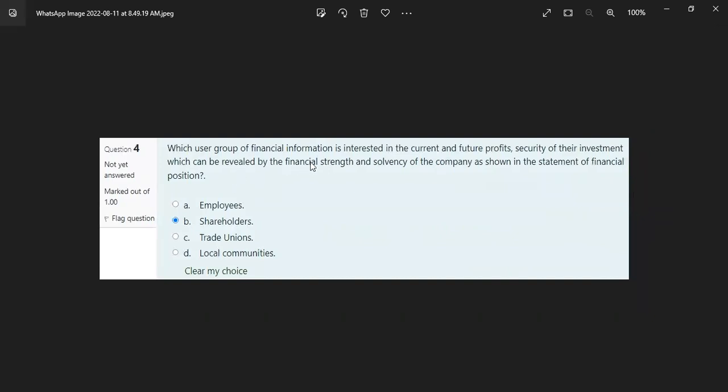So which user is interested in the current and future profits, security of the investment, which can be reviewed by financial strength and solvency of the company as shown in the financial position? So we talked about the shareholders. They're really keen about looking at the security of the investment. Employees, maybe we discussed to fortify this. Why are employees keen on financial accounting information?